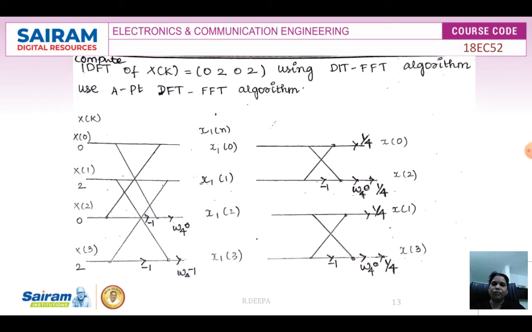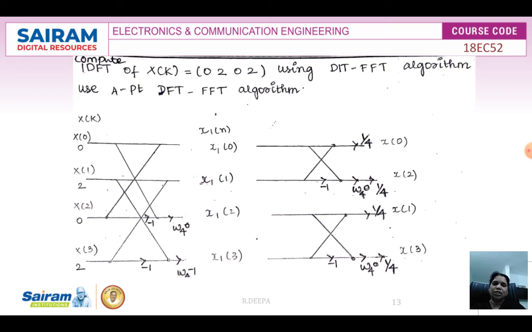As I told you, the intermediate outputs we name according to the final output. Here the final output is small x of n, so the intermediate output I have named x1 of n. Since it is finding the IDFT, at the last stage you need to multiply all the outputs with 1 by N. Since N is equal to 4, you multiply with 1 by 4 at the end.